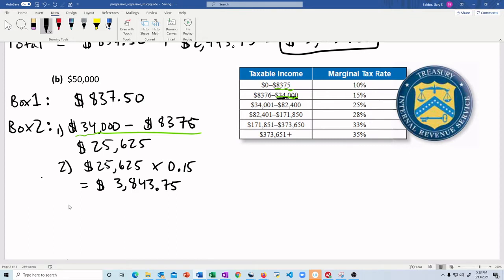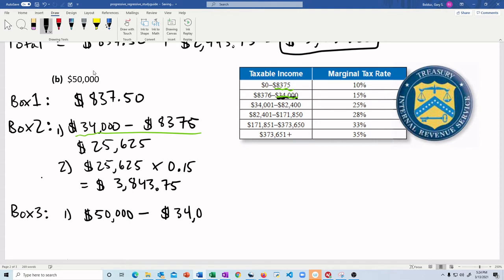But I filled it up, so that means I've got to go now to box 3. I have more money left over. Okay, well, checking this out, this top of box 3 is bigger than the actual amount I make. So what do we do? We figure out, well, how much actually do I fill up this box? I take my 50,000 and I subtract away, and then remember, the top of the previous box.